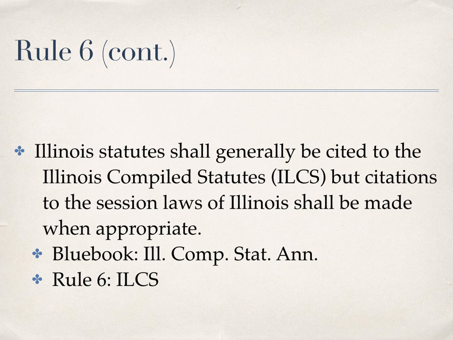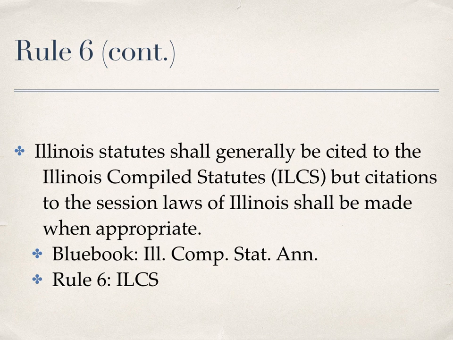Rule 6 actually stretches beyond cases and beyond 10.3.1. Rule 6 stretches into talking about statutes. You might remember from earlier that if you're citing to the Illinois compiled statutes, according to the Bluebook, you have to provide the abbreviation IL Comp Stat or IL Comp Stat An, depending on which one you're using.